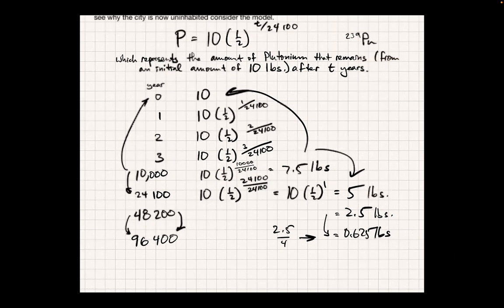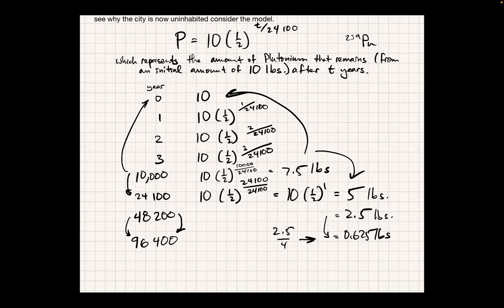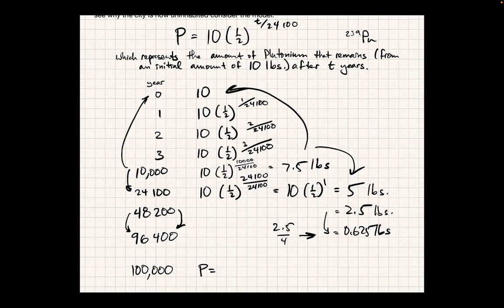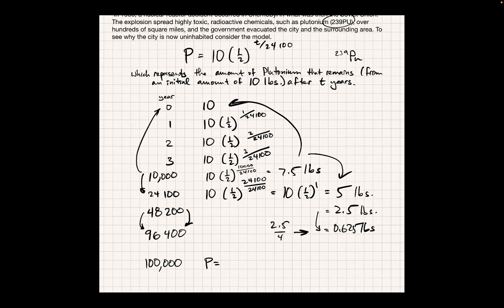So Amelia, help me figure out how much plutonium is left after 100,000 years. Okay, after 100,000 years, there is... Wait, I'm going to rewrite my formula at this point. Oh, sorry, I think you said 10,000 years. Sorry.